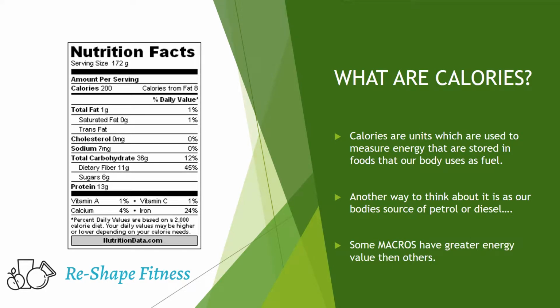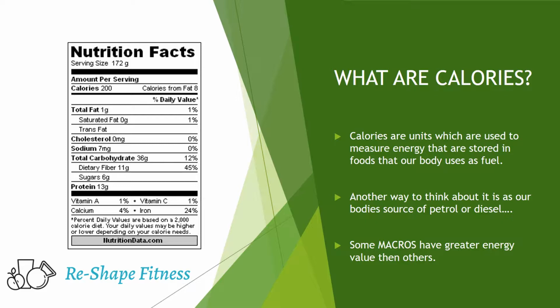Some of the macronutrients we just spoke about, the proteins, the fats, and the carbohydrates, have greater energy value than others. For instance, per 1 gram of protein, there are 4 calories. The same for carbohydrates.